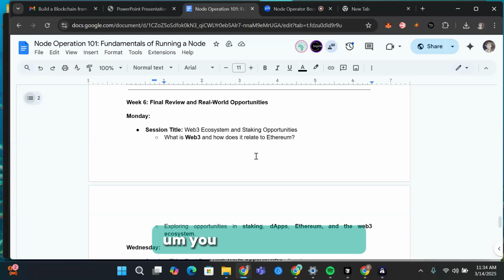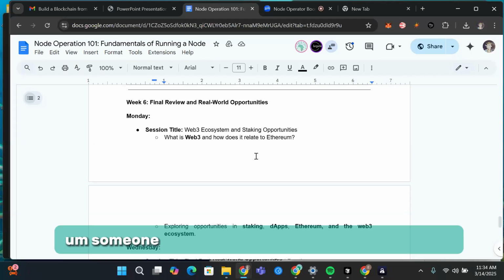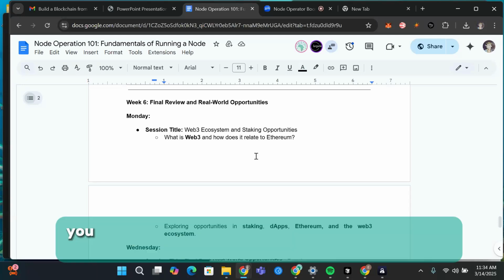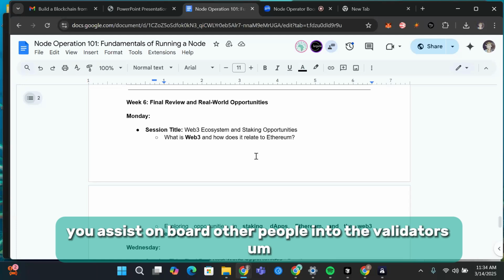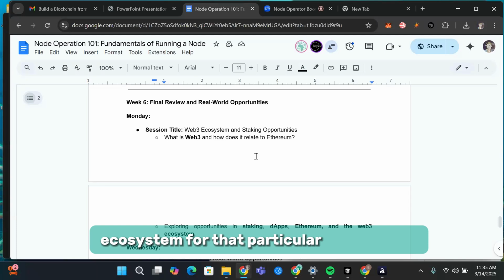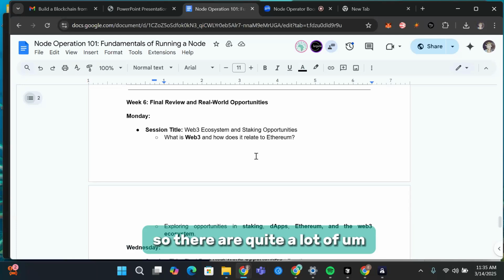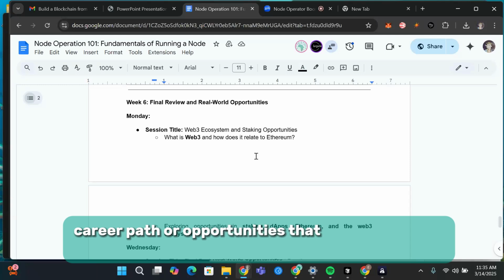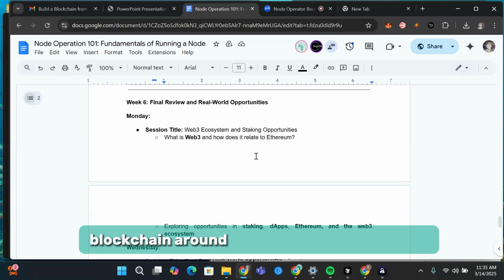You can also be someone who works as a support person. You assist in onboarding other people into the validator ecosystem for that particular blockchain. So there are quite a lot of career paths or opportunities that you can explore around blockchain, around validator nodes, around staking, that could earn you some money.